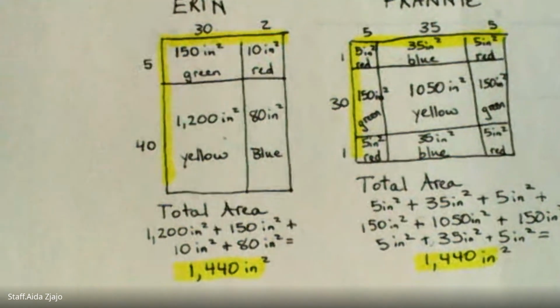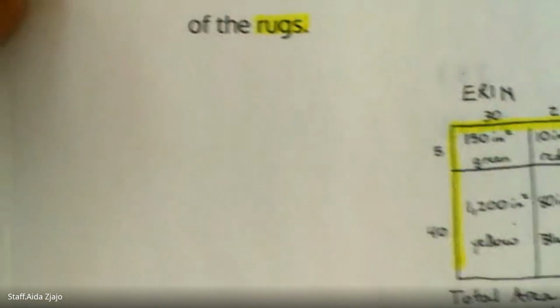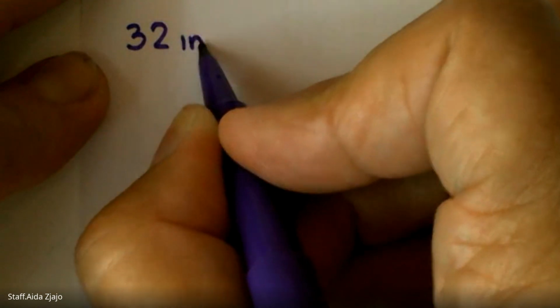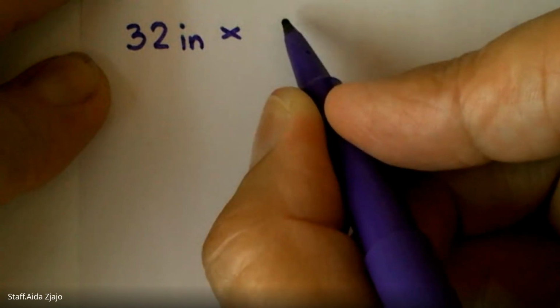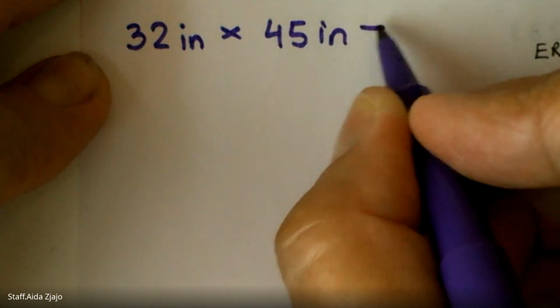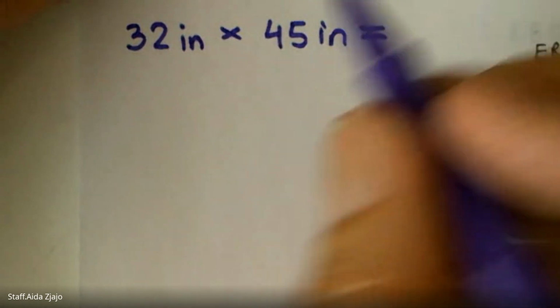So let's see how we can come up with another idea. First, you can put that you needed to do 32 inches by 45 inches. Then you can decompose any way you want.